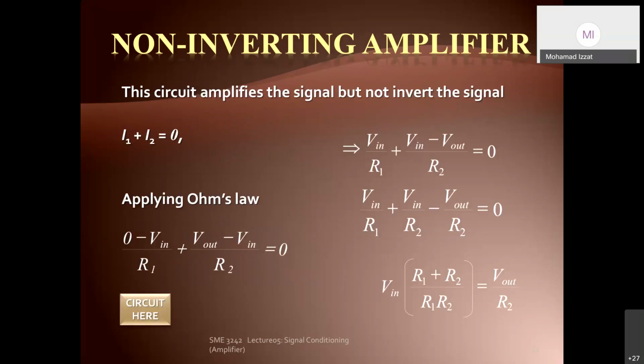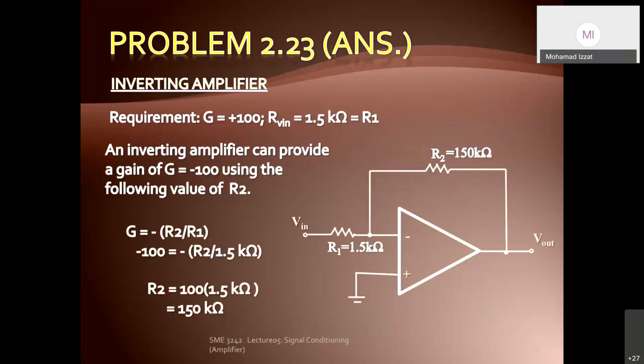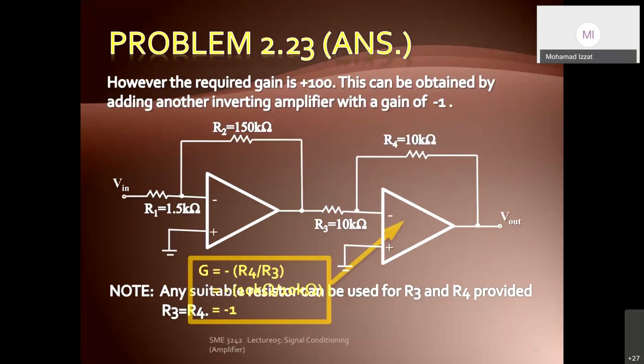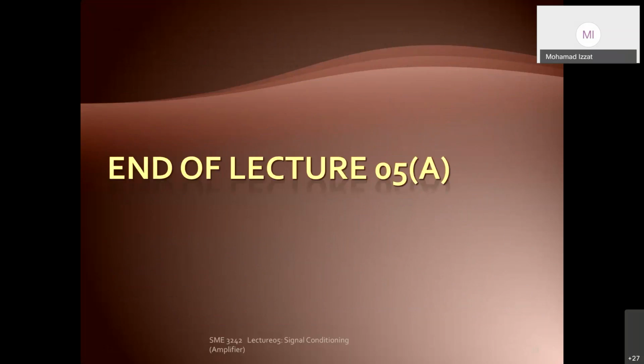So kenal bentuk litar dan ingat formula untuk dapatkan gain, cukup. Alright. So I'll not go through the problem. You can have a look yourself lah, gunakan tadi punya formula, you can straight away kira. Sama juga I will skip this. That's basically the end of lecture 5A.